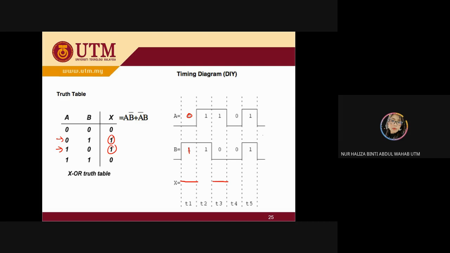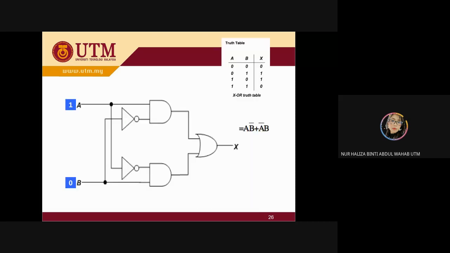The rest is similar, so I have this output, because I only have the different value at this point and at this point, which is T1 and then T3. If similar, the output is going to be 0. Next, you can try the values using the digital simulator also.